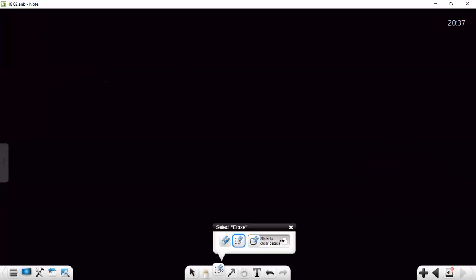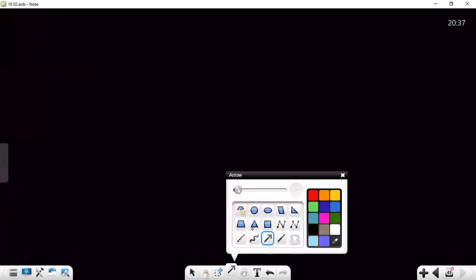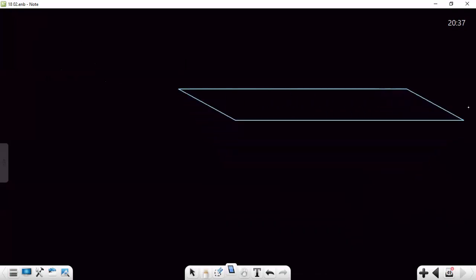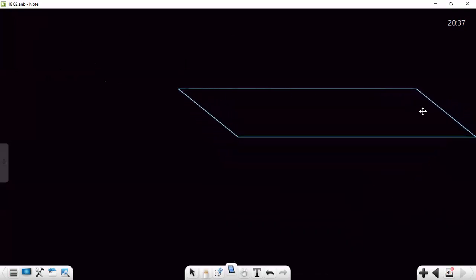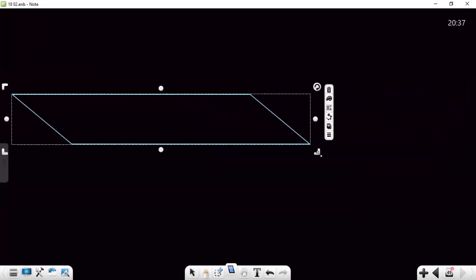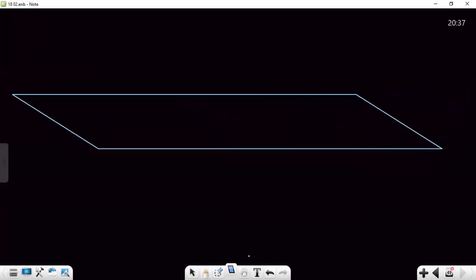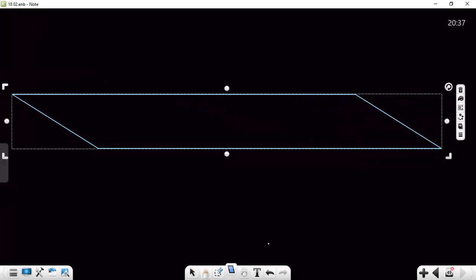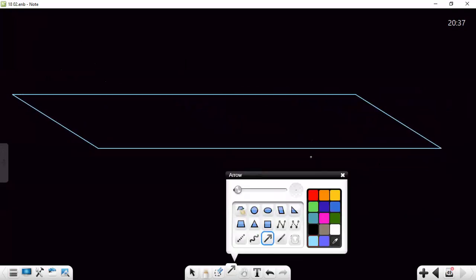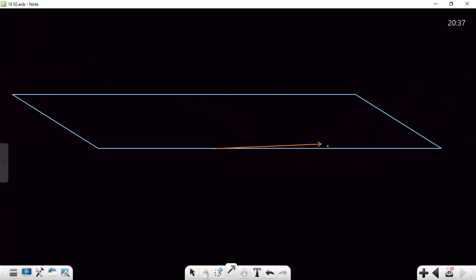So first let's consider there is a plane. And on this plane, there are two vectors. Let me call it a vector A here, and there is another vector here.